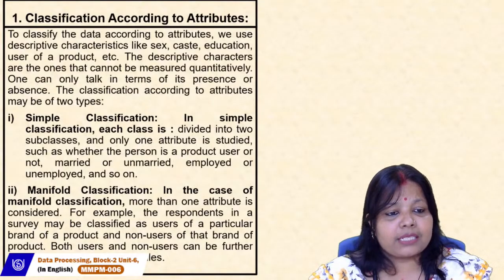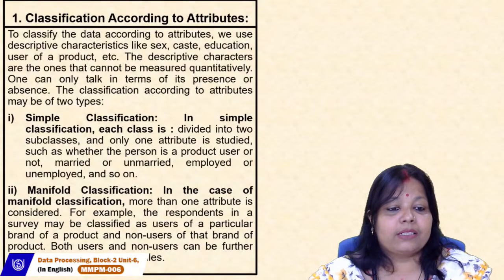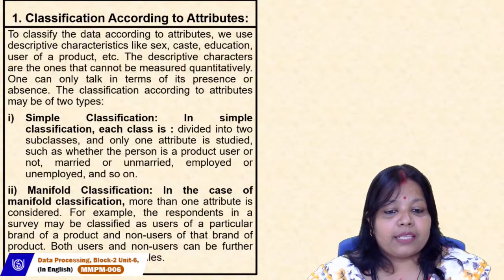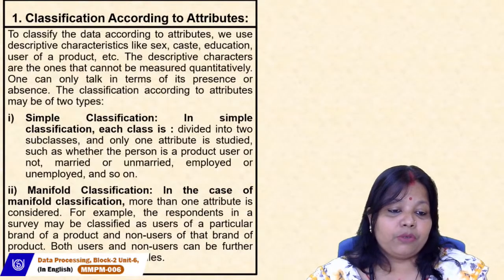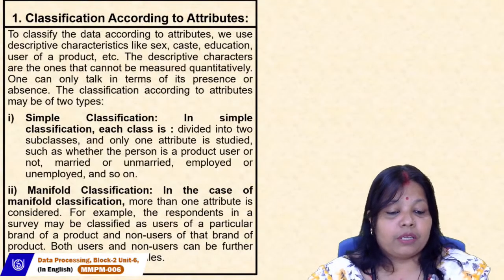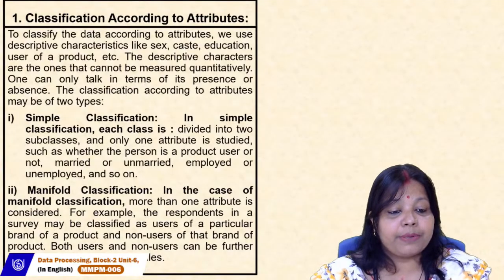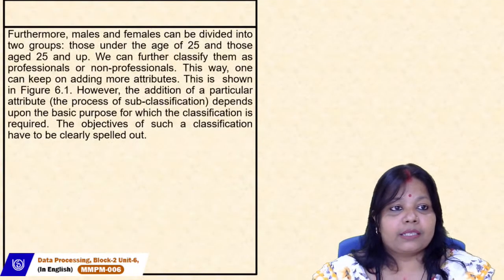The second one is known as manifold classification. In manifold classification, more than one attribute is considered. For example, the respondents in a survey may be classified as users of a particular product or brand and non-users of that brand of product. But both users and non-users can be further classified into males and females.